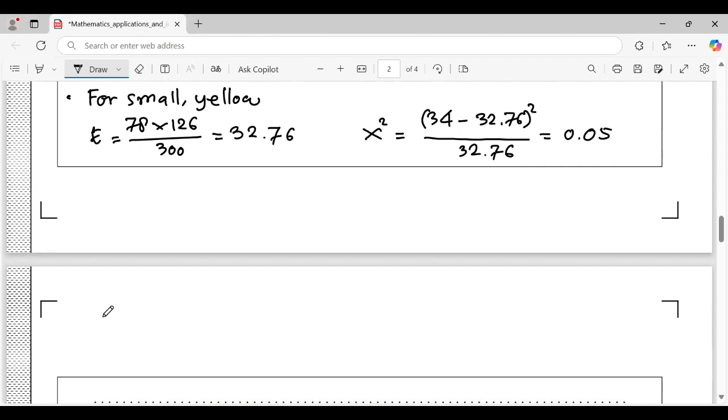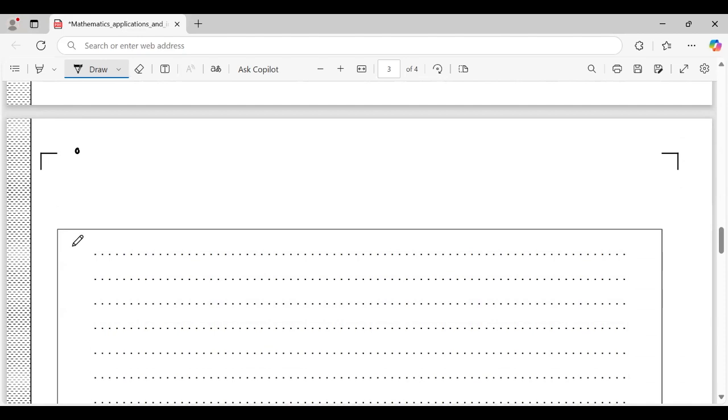Next, for medium red, the expectation is 129 times 95 over 300.